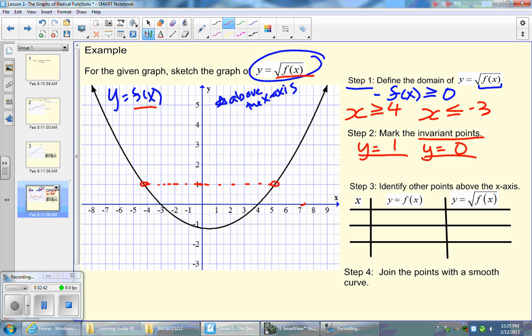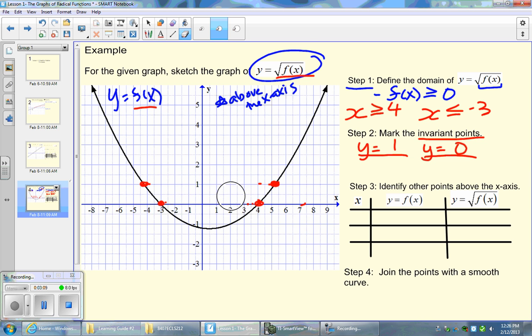There are 2 points with this y value: one located at 4, and a second one at -3. So we know these 4 points lie on the graph of the radical function. We label them, we mark them, and that's it.